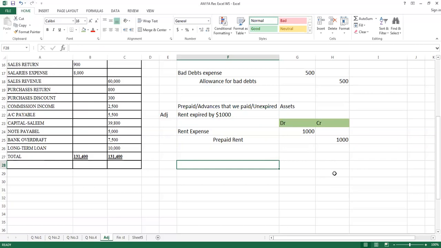The third situation, which is sometimes possible in a question, is related to accrued service revenue.